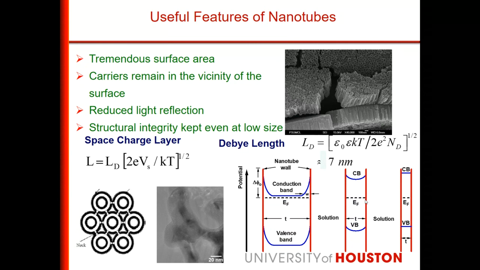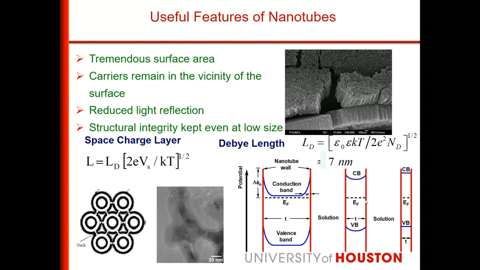That is one thing. But for applications, these nanotubes provide us very high surface area, as we discussed earlier. And more than that, the wall thickness of the nanotubes, here you can see the crystallites, is in a few nanometer range.